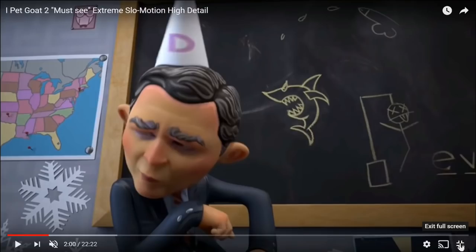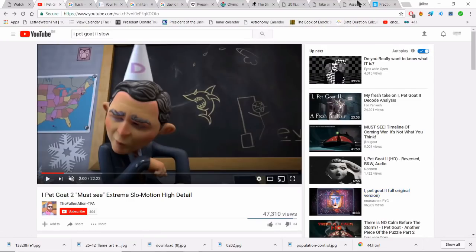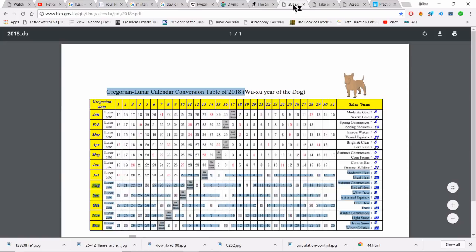For those of you who don't, we are looking at the lunar calendar, and in April the 3rd is the 18th lunar day, and April the 18th is the 3rd lunar day in the 3rd lunar month. So the research that I'm doing is looking at either April the 3rd or April the 18th.